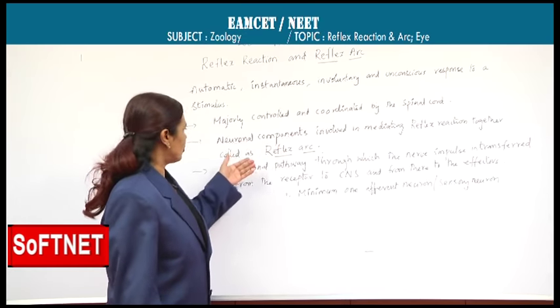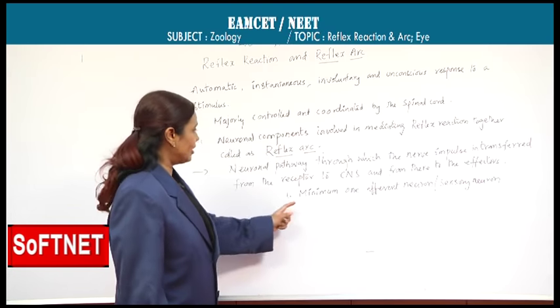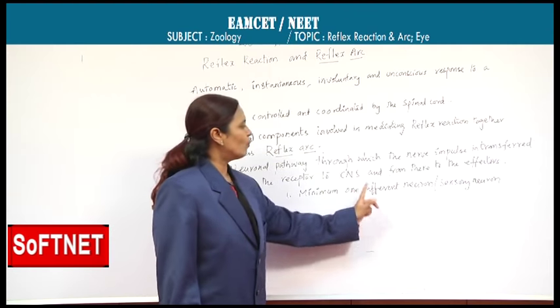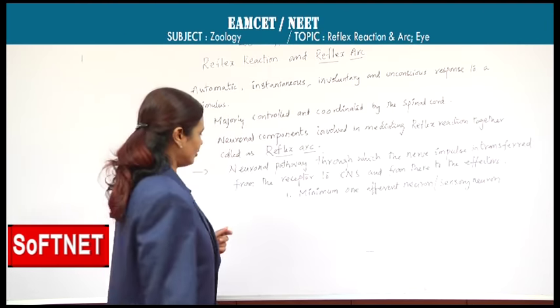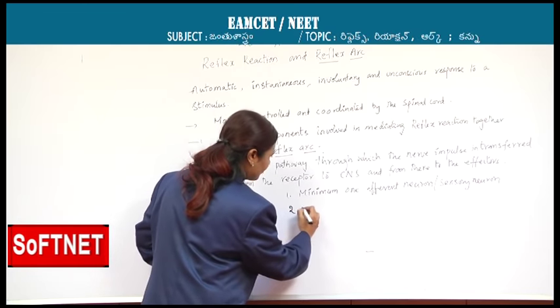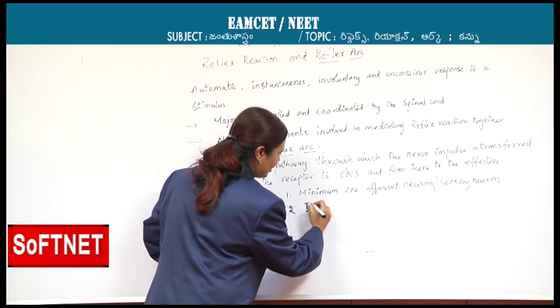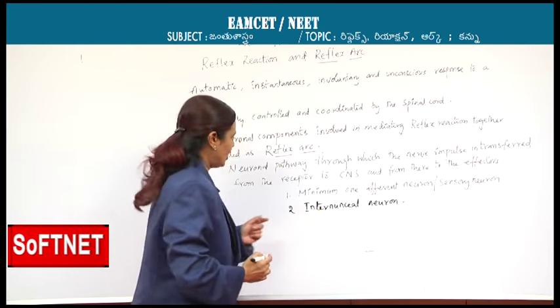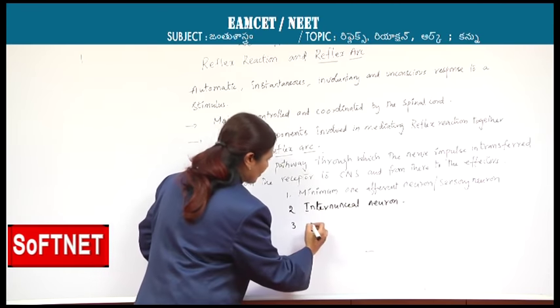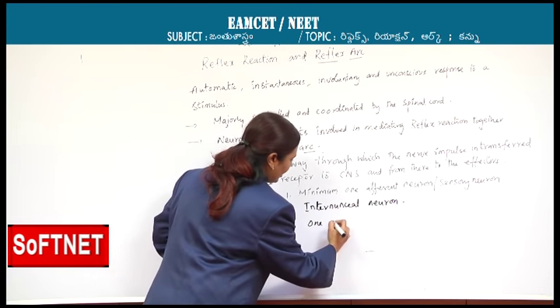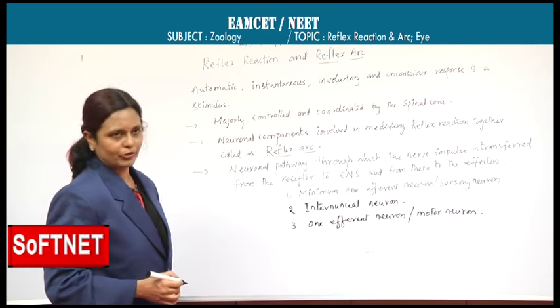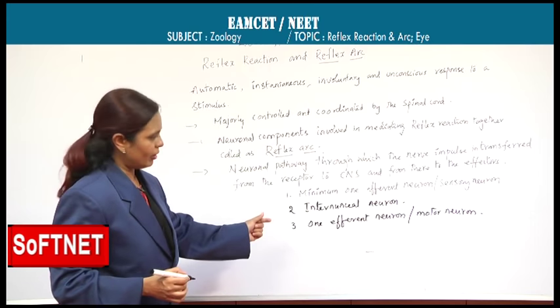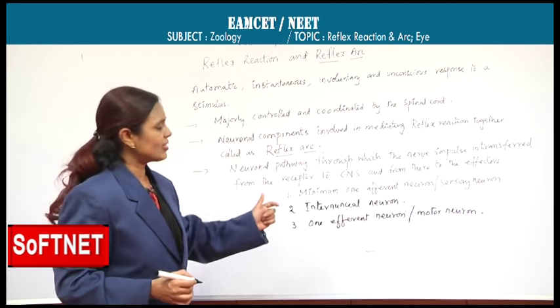The components of reflex arc are, number one, minimum one afferent neuron, otherwise a sensory neuron, number two, one internuncial neuron, and number three, one efferent neuron, otherwise a motor neuron. All these three neurons are arranged in a sequence.